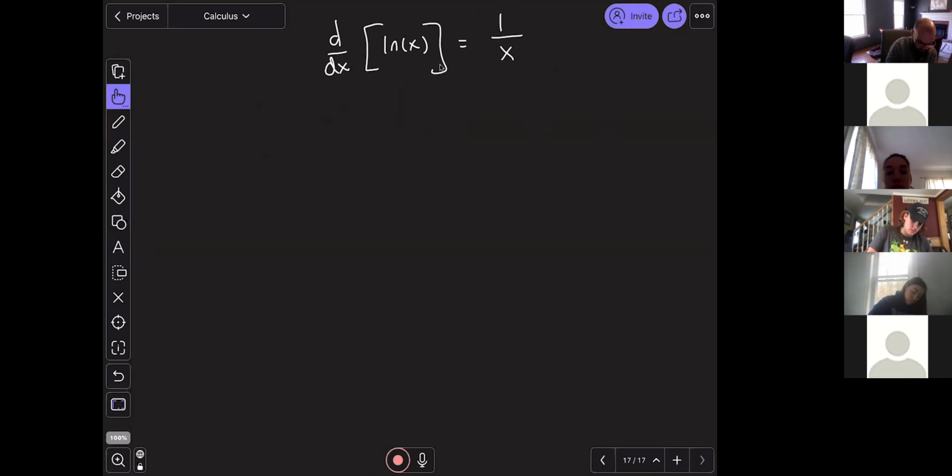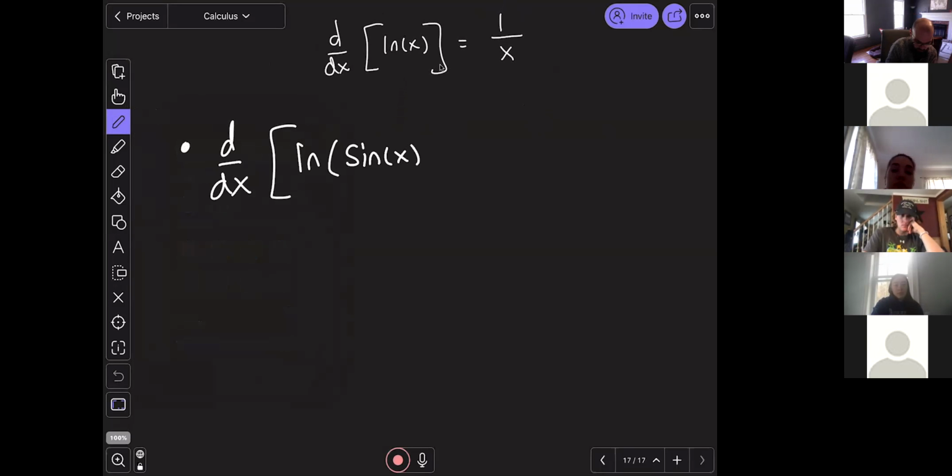If we did an example with natural log, say the derivative of natural log of sine x, something like this, this is the type of problem that's going to be in the chain rule section on WebWork. When we take this derivative, our outside function is natural log.